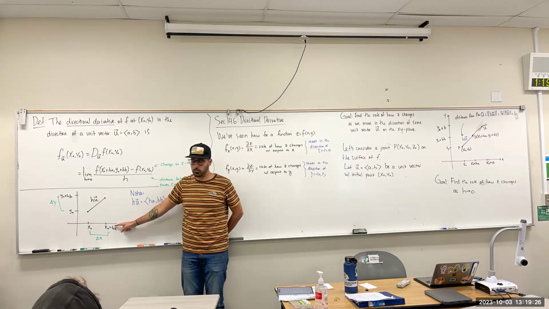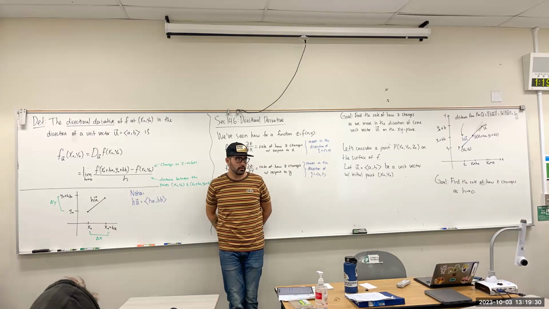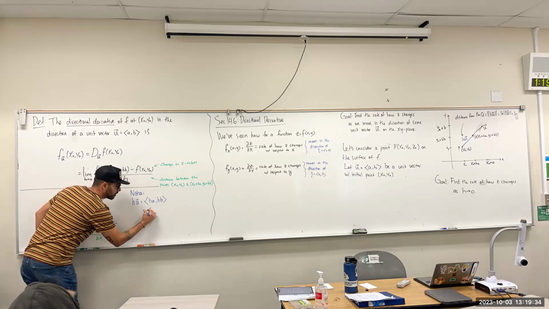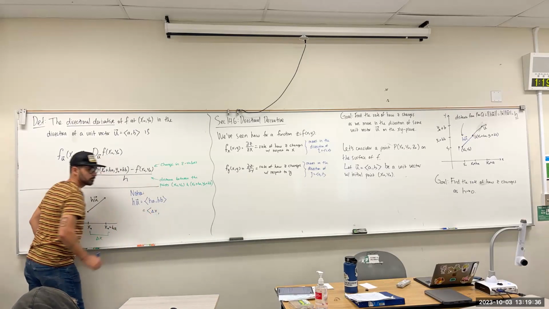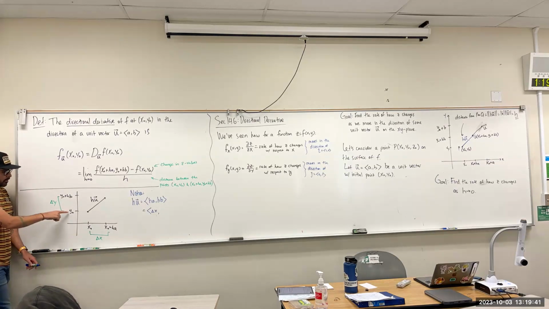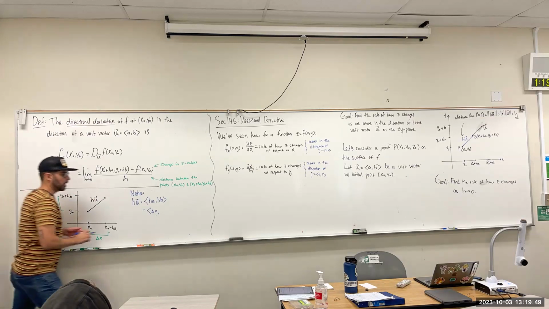How much distance was increased from here to here? HA. So notice that HA is really just that change in x. How much did the y increase to go from here to here? HB. So notice that HB is just that distance delta y.